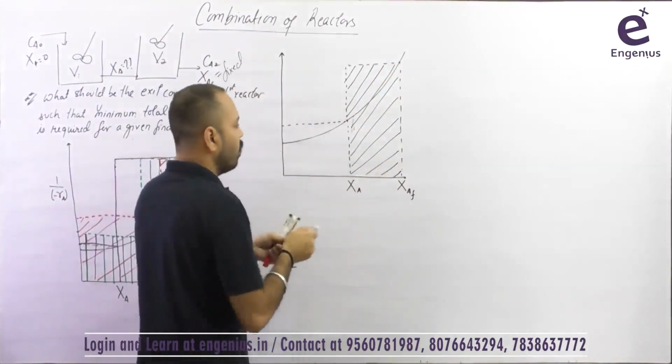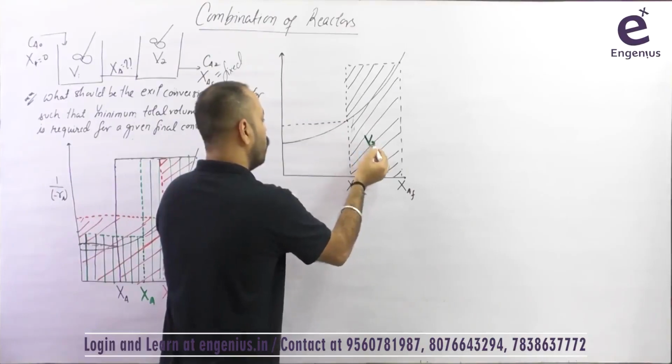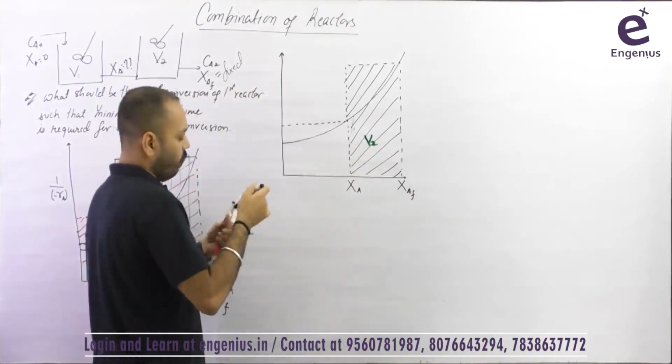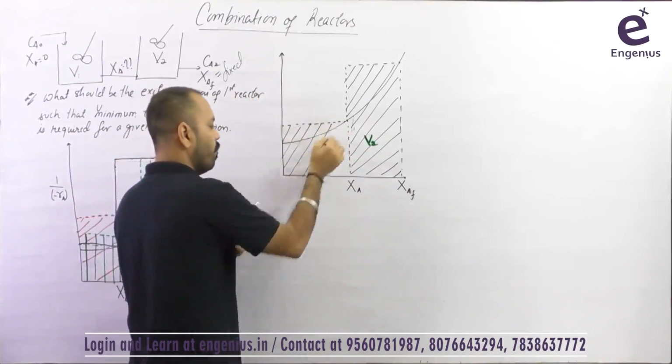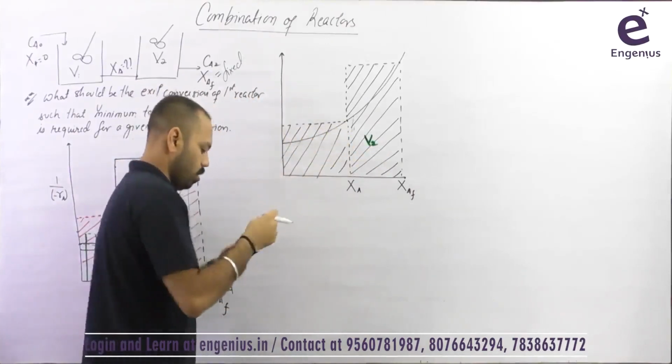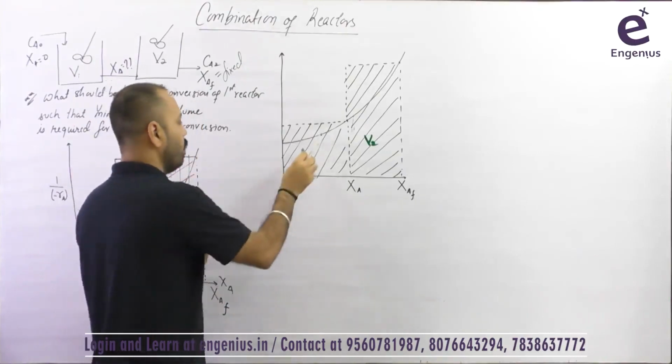So let us suppose this denotes V2 and this area denotes V1. Fine. And let's say that, okay, I have found the point where the total volume is coming out to be minimum.